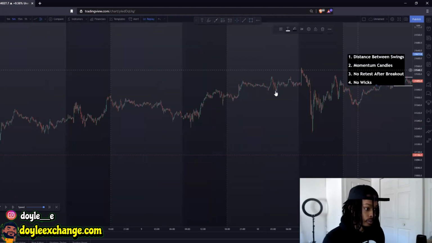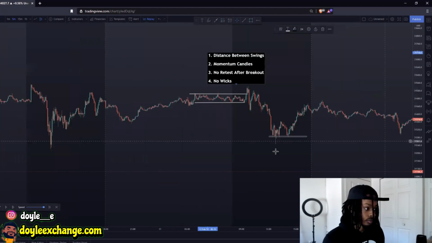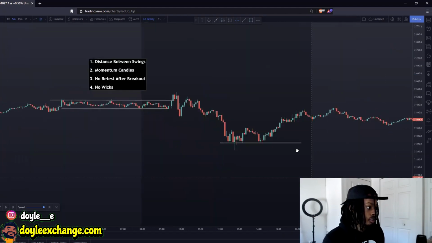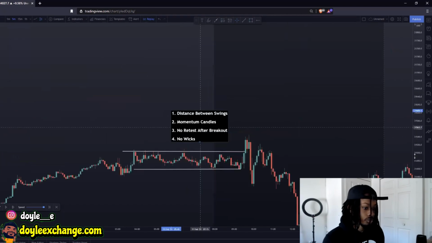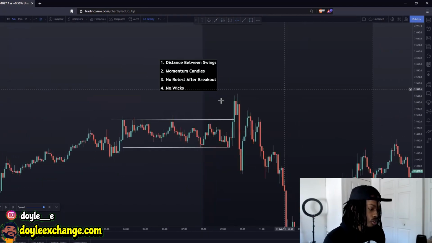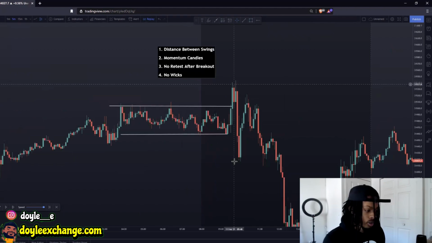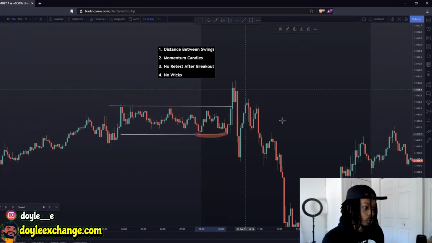Okay, so let's go back into this. We have a strong push up and then in reverse. That's a fake out. That's retail being stopped out over here to go the other way. Now we have a major market structure break like that. That's breaking with momentum.